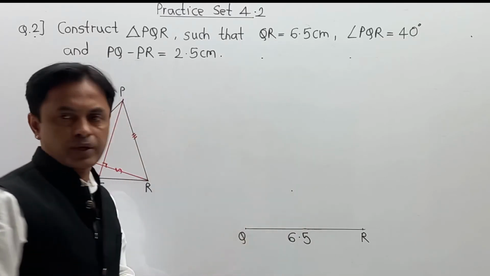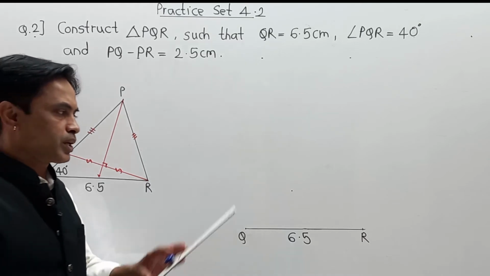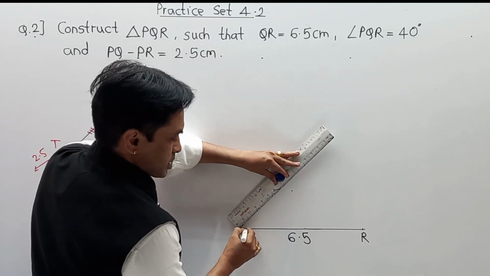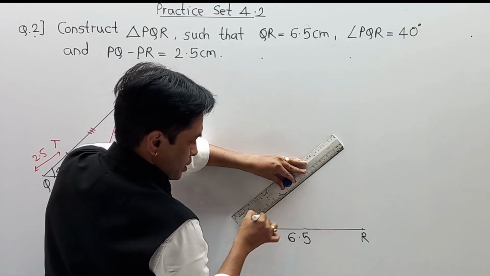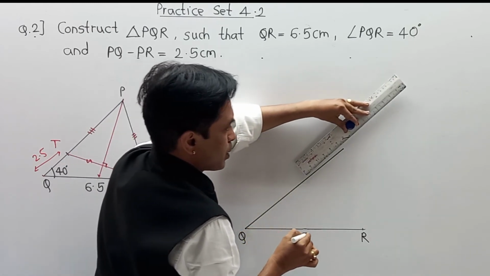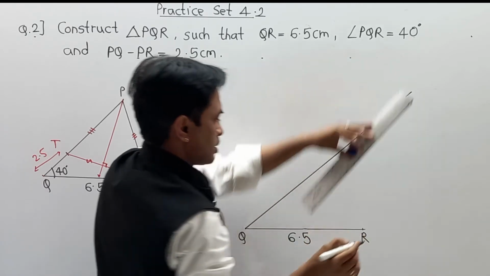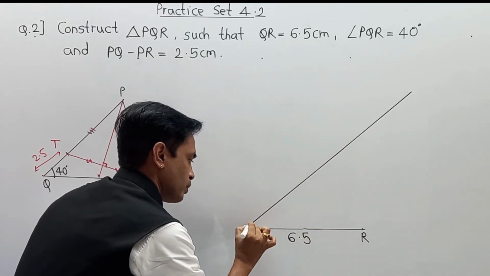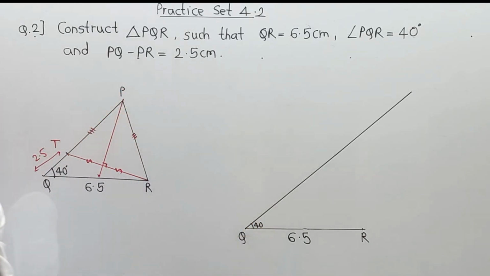This is the indication point over here, and we have to draw the angle of 40 degree. So I am going to complete a scale structure. So we have drawn one line which makes an angle of 40 degree. So from point Q, this angle is 40 degree as per the given data.